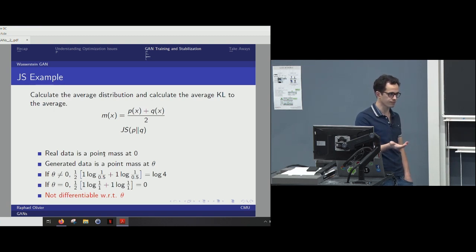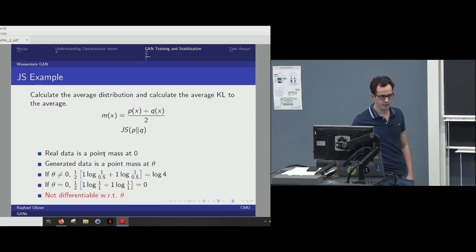You're just in the infinity or in the log 4 area, so the feedback is the same, and from this perspective you can see that as the reason why GANs have trouble converging.